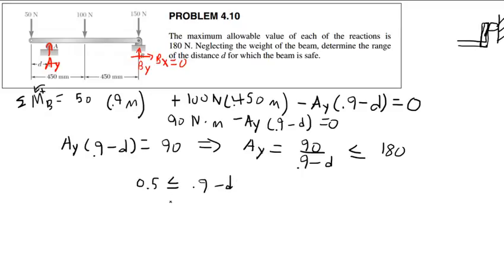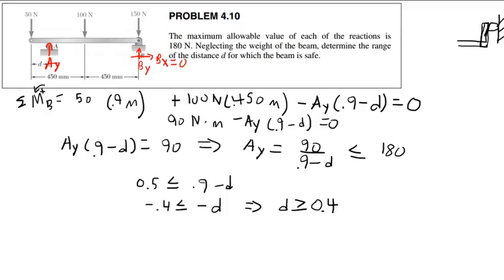And then from this, I will get negative 0.4 is less than or equal to negative d, right? And then d is greater than or equal to 0.4. Okay, questions on that?